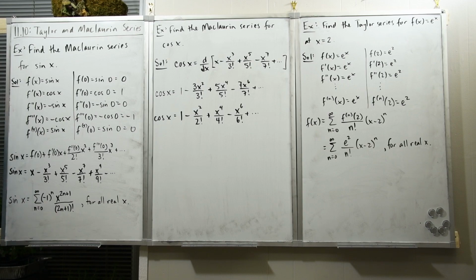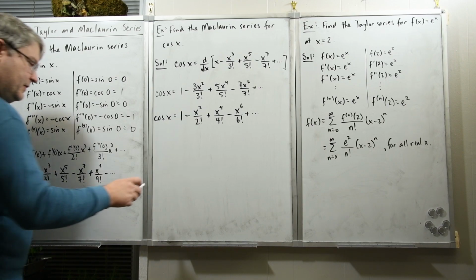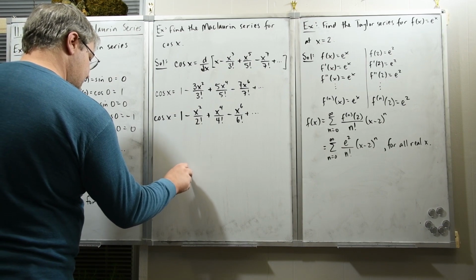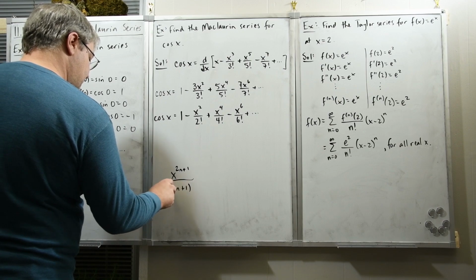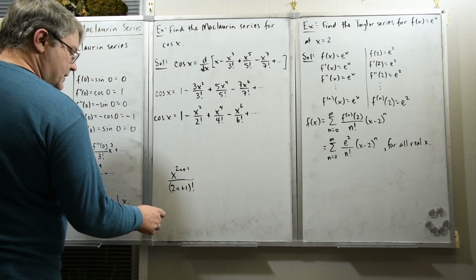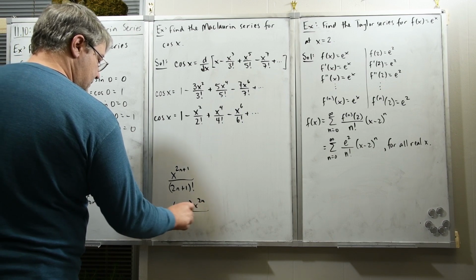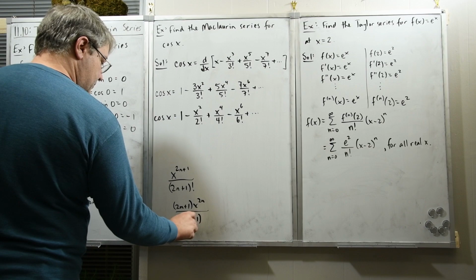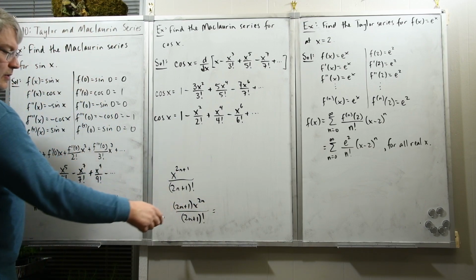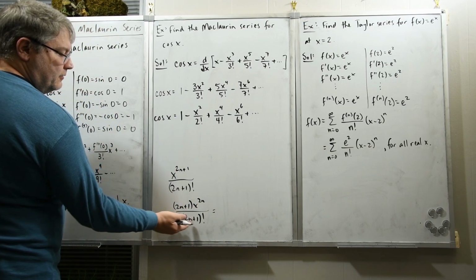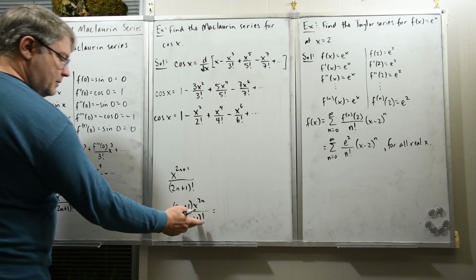And in general, what will happen is we'll take a look at differentiating the x to the 2n plus 1 over 2n plus 1 factorial. Well, if you differentiate x to the 2n plus 1 over 2n plus 1 factorial, then what you're going to get from that is a 2n plus 1 times x to the 2n over 2n plus 1 factorial. The 2n plus 1 that you have here will reduce with a factor of 2n plus 1 that gets produced at the bottom.